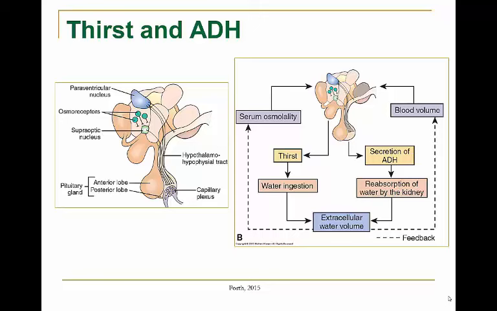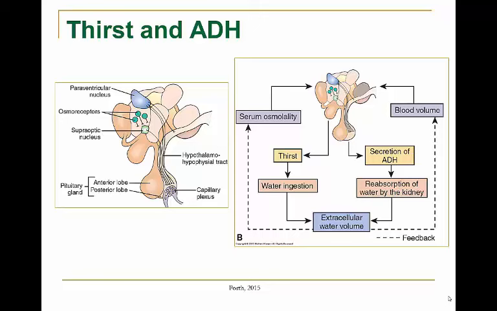And ADH is a small peptide. It's really only like 9 amino acids in length, and it's synthesized by cells in the supra, which means above, supraoptic and paraventricular nuclei of the hypothalamus, and then transported along the neural pathway, which is called the hypothalamic hypophyseal tract, to the posterior pituitary gland where it is stored.